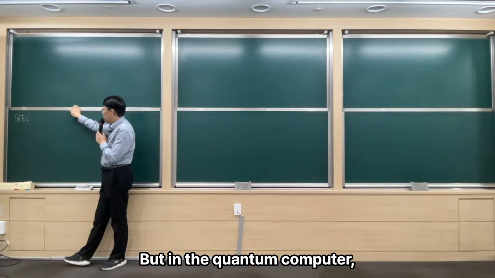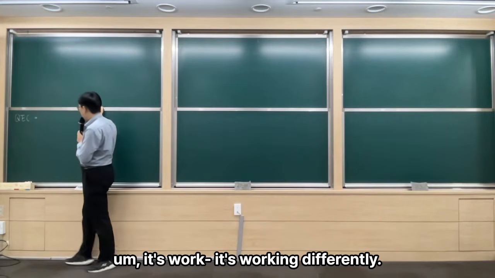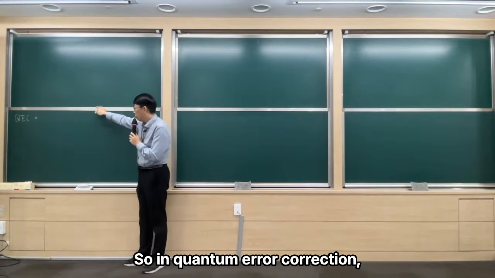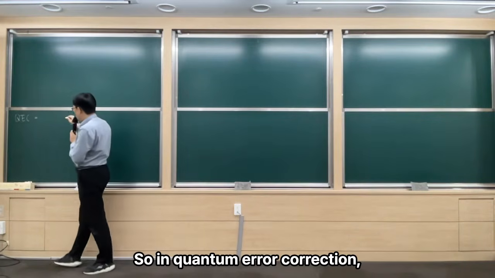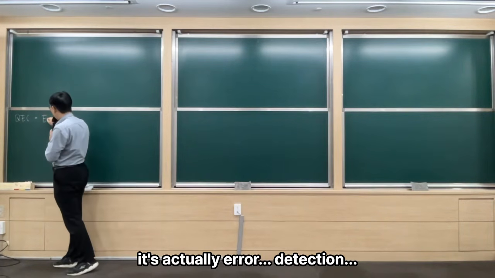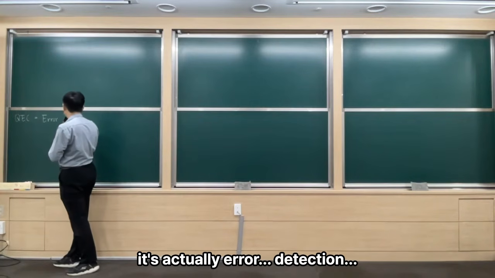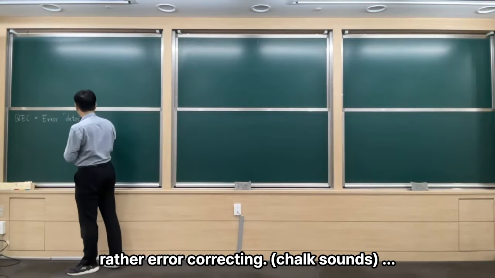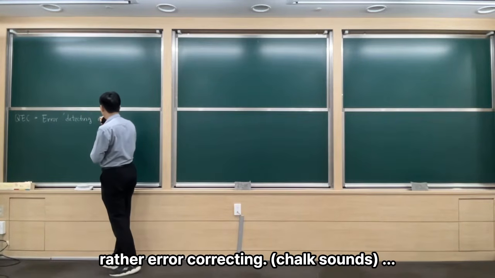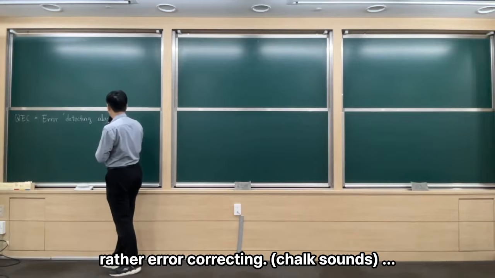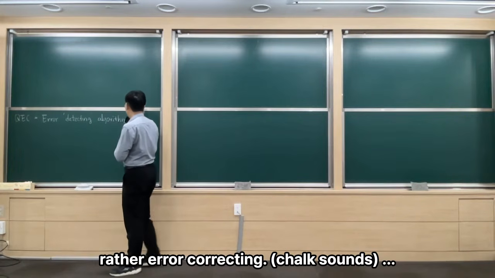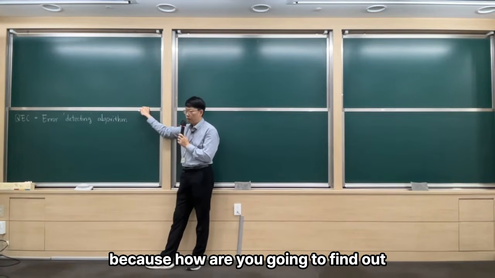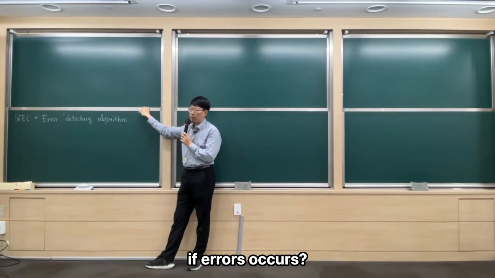But in the quantum computer, it's working differently. In quantum error correction, it's actually error detection rather than error correcting. Because how are you going to find out that an error has occurred?